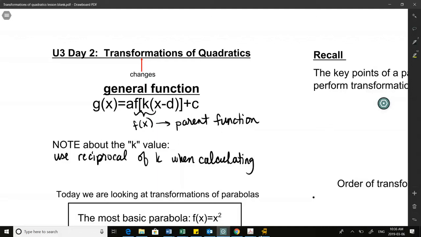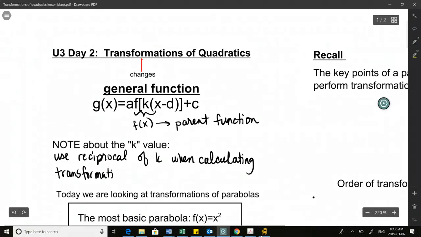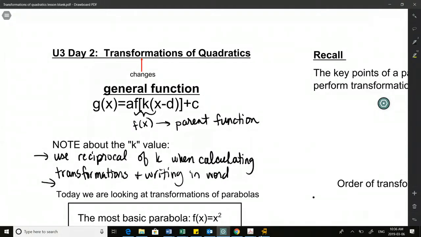Okay, so when calculating transformations and also writing transformations in words. And the other point here is the k value. If you notice here, the k value is actually outside this set of brackets with the x minus d.